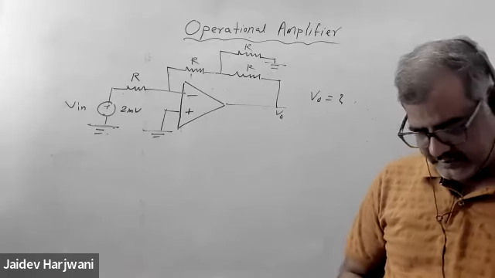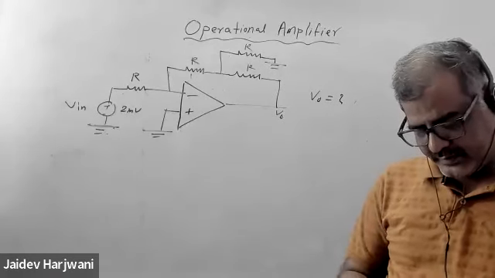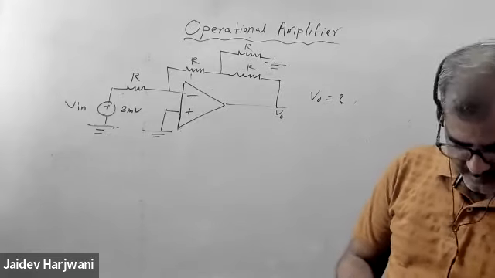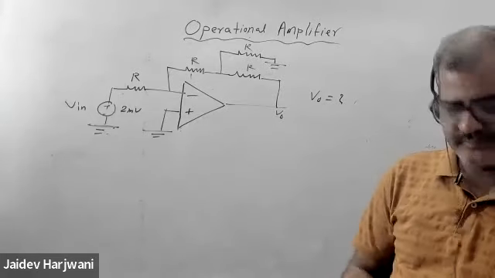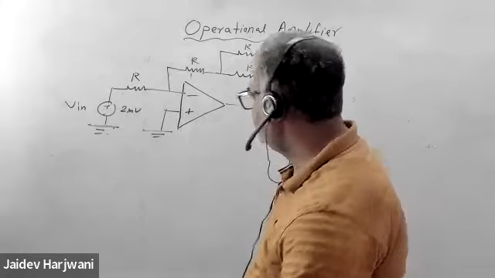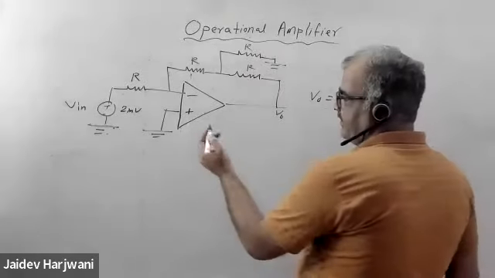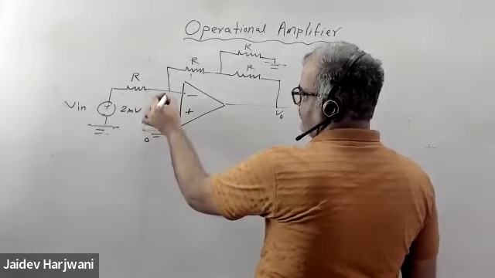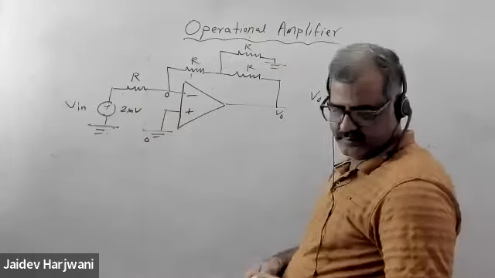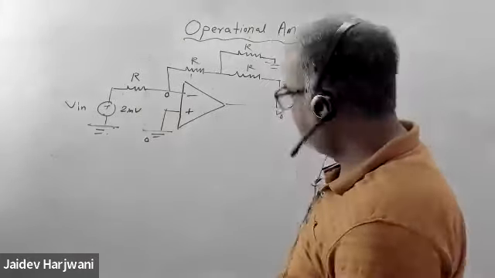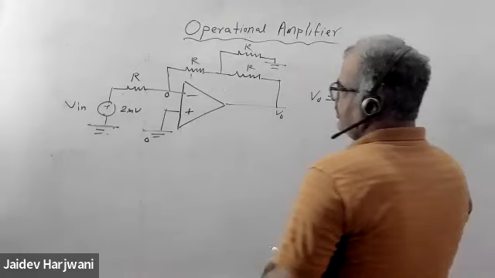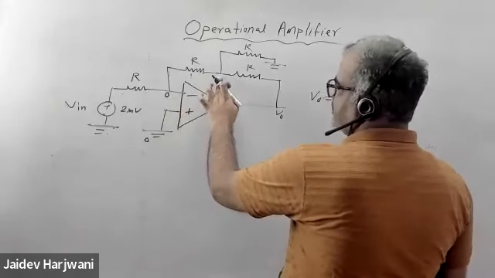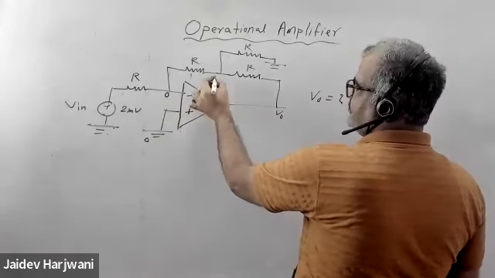How will you approach this problem? So this is ideal, so this is 0. Automatically this will be 0. Now this node I know, this node I don't know. Say this is Vx.